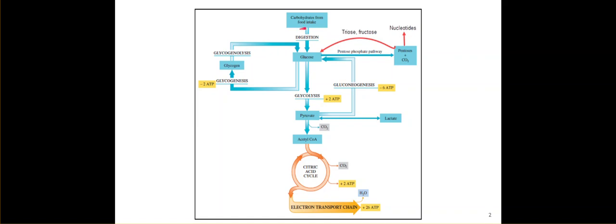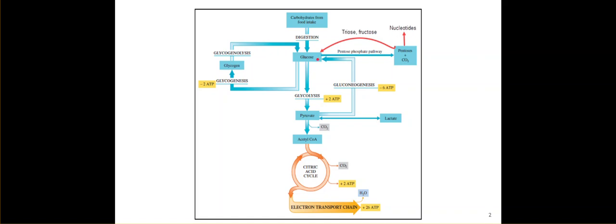So it's not breaking down carbs and getting glucose. It's taking this pyruvate, which is a result of glycolysis, and making glucose because it's like, oh my gosh, I need more sugars for my energy, so it'll take that off and put it in as glucose. You can see here that this is an expensive process. It consumes 6 ATPs in order to do this.